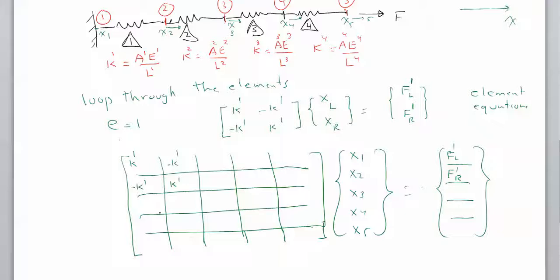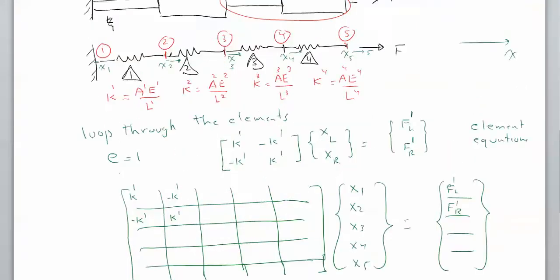We go to element 2, write the same thing and assemble it. So let me go ahead and just do the assembly. I'm not going to write down the equation. Let me move this out of the way. All right.